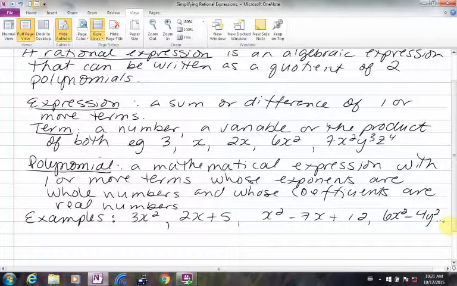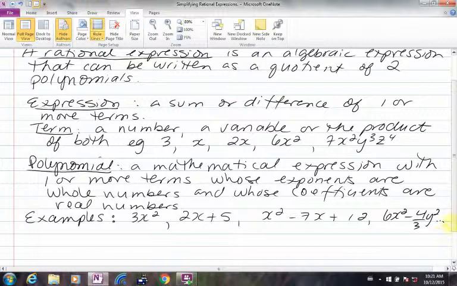Actually, let's make this 4/3, because the coefficients can be real numbers, right? They can be decimals, they can be fractions, they can even be radicals, right? So the coefficients can have any value, any real number value, but the exponents have to be whole numbers.